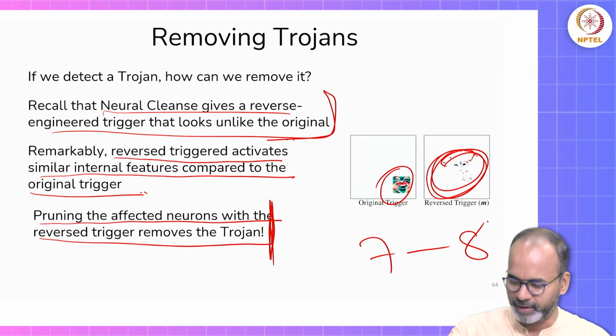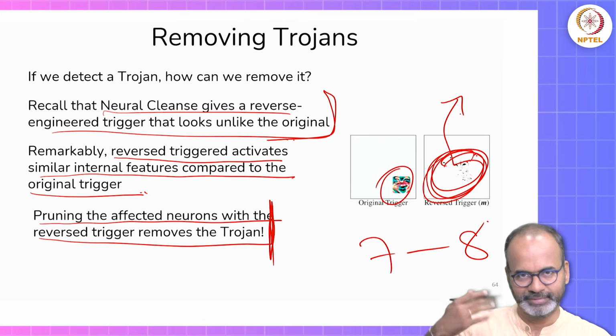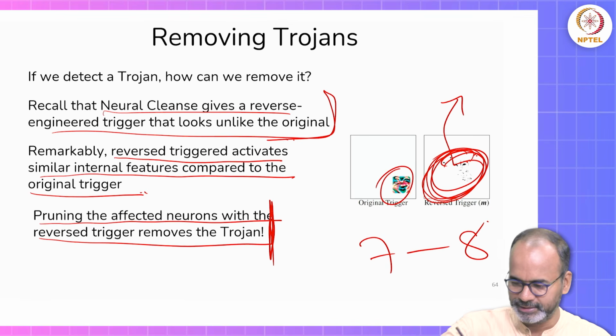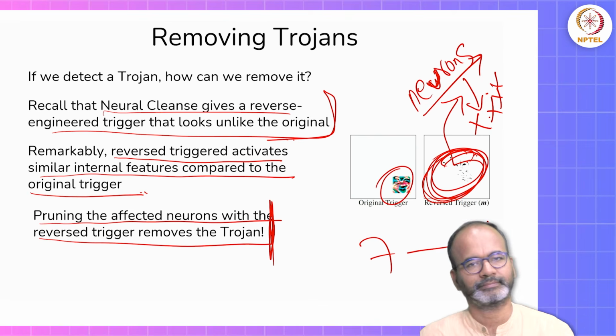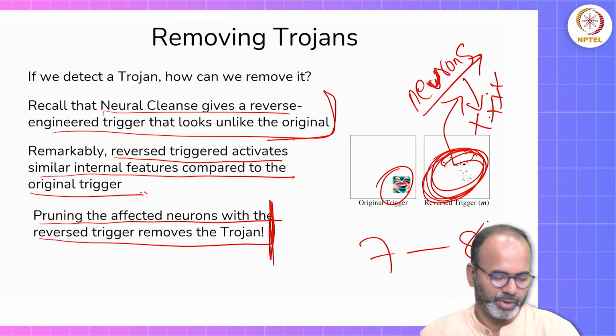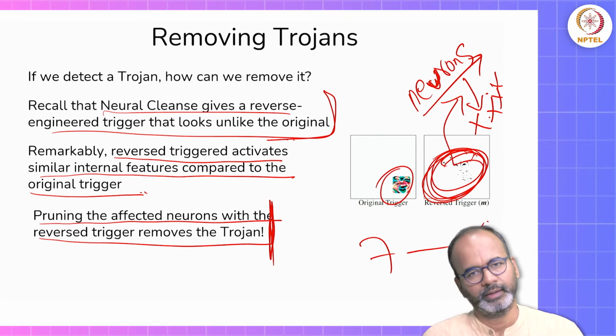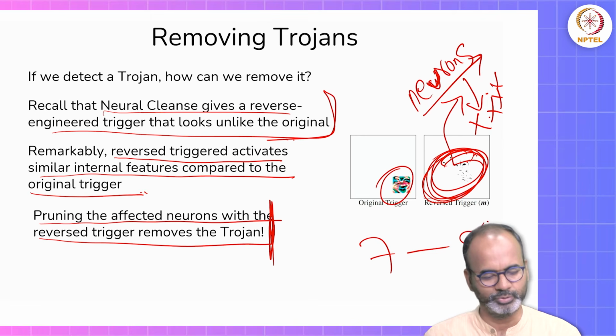So, connecting again to interpretability, can you find out which neurons triggered this, and from there, can you remove them so the trigger goes away? That's one way you can remove the trigger from the data.